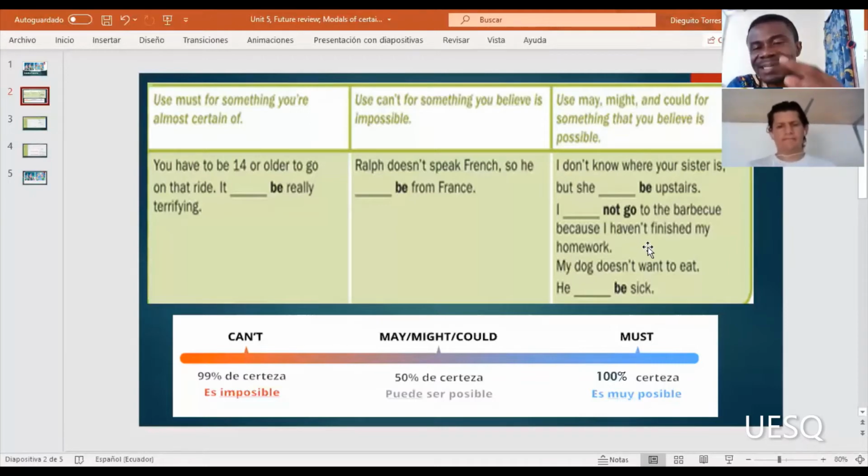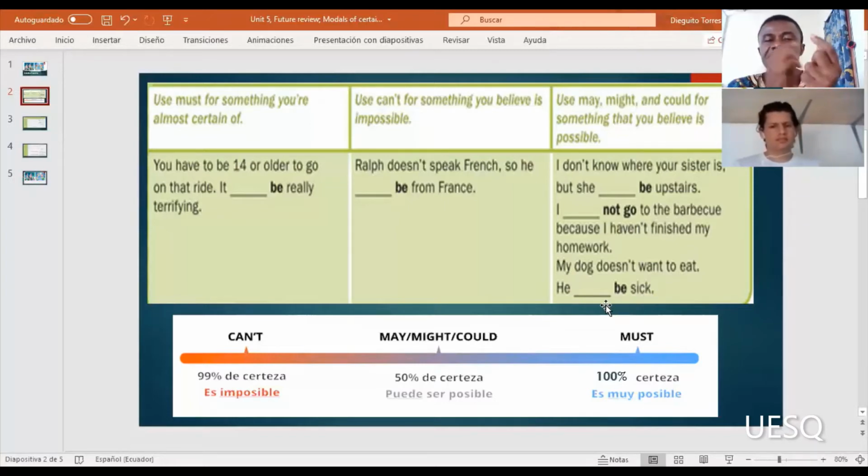Okay. There is a third example there. Let's go through that. My dog doesn't want to eat. He must be sick, or he may be sick.